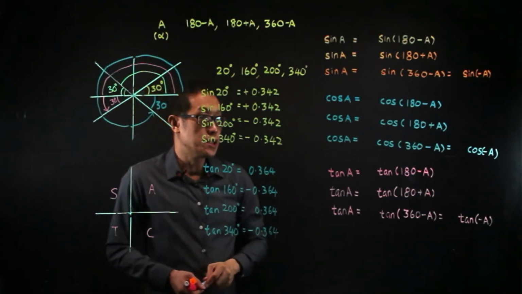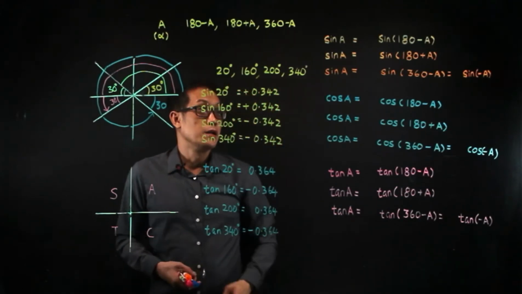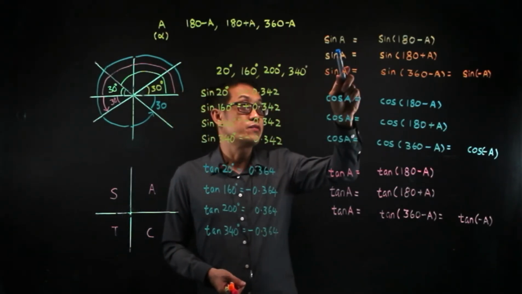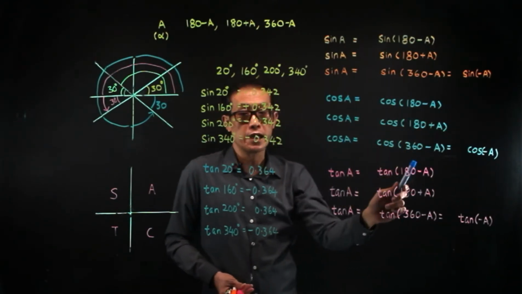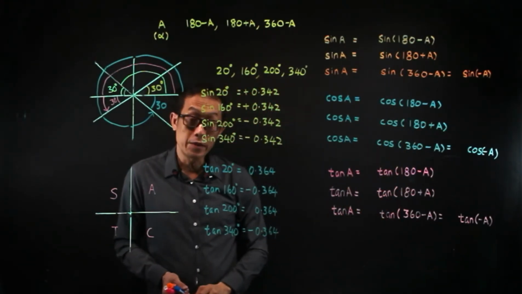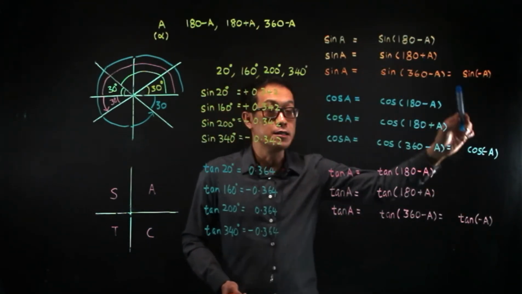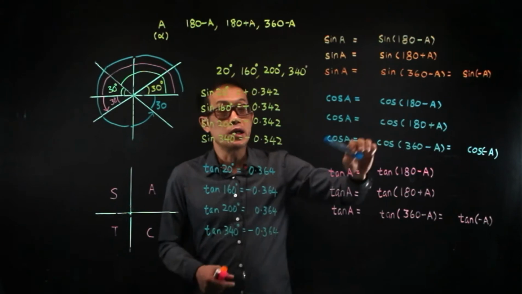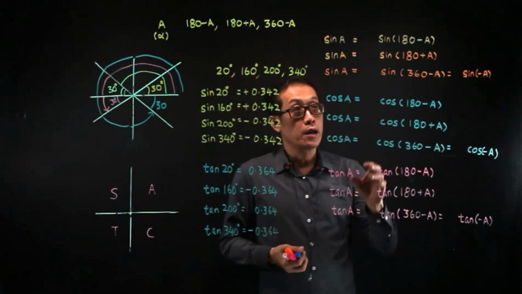Now, we come to these identities here. You look at this, all these are definitely equal to each other, except we are not sure about the sign, whether which quadrant they are in. Now, these are identities. What is the difference between an identity and an equation?